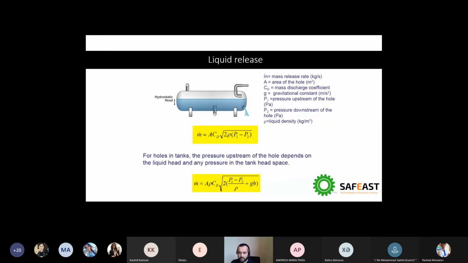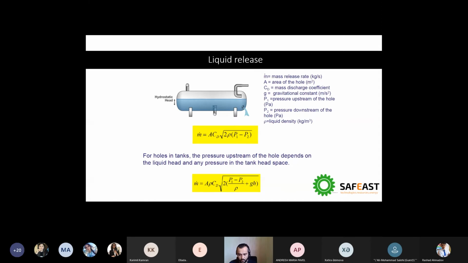It depends on, as we described, the area of the hole. As you can imagine, the bigger the area, the bigger the release rate, and the discharge coefficient. Discharge coefficients are usually different for the release of liquid compared to the release of gas. This discharge coefficient sometimes also depends on the shape and size of the hole itself, and of course, as we discussed, the upstream condition.